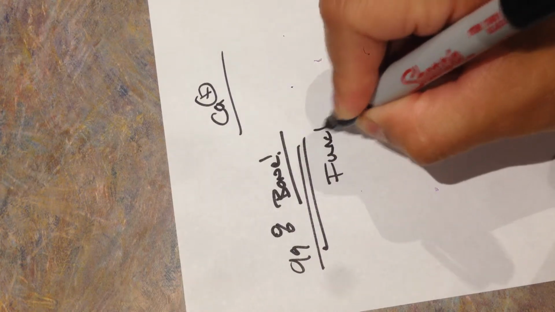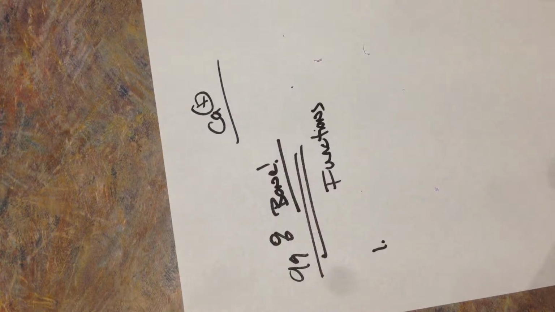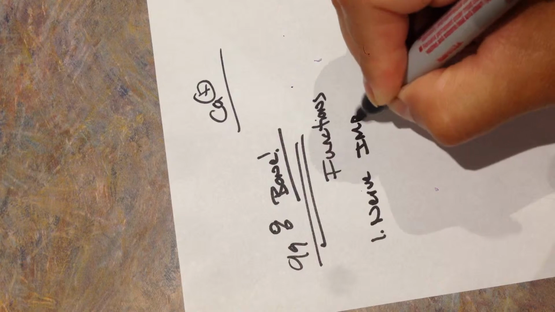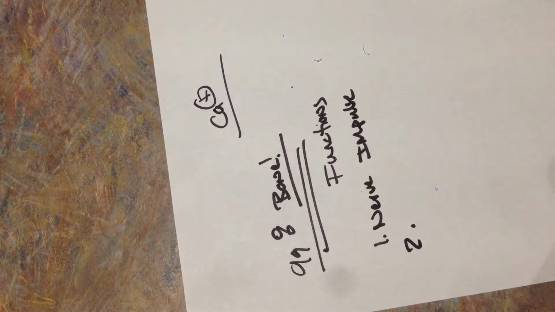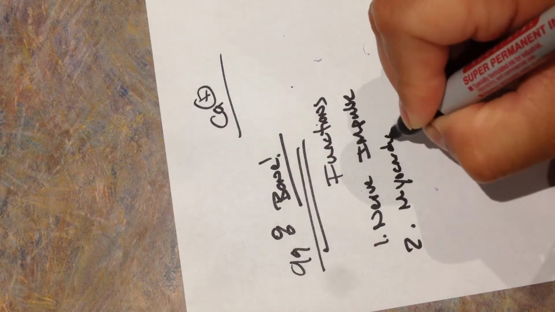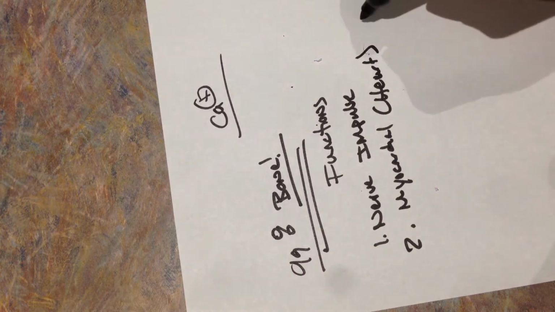Functions. Number 1, transmission of nerve impulses. Number 2, myocardial, that is heart contractions.